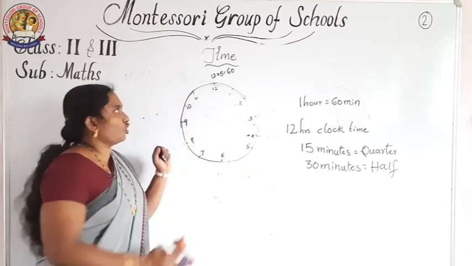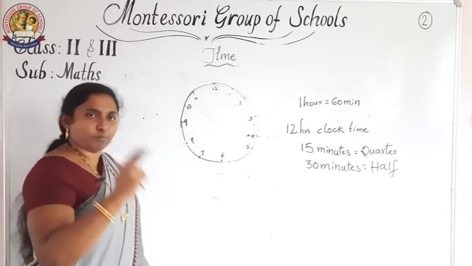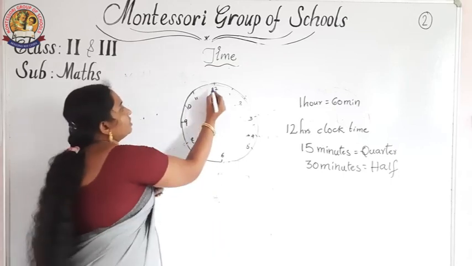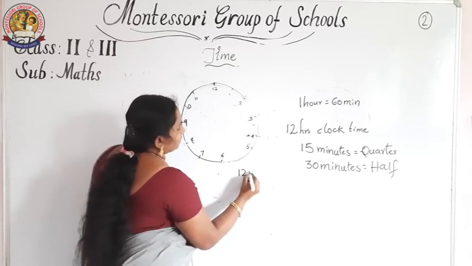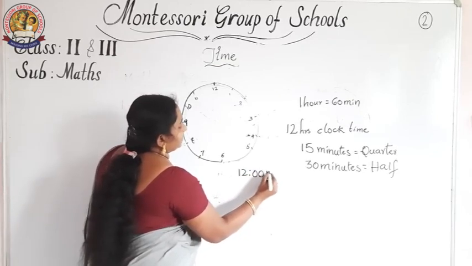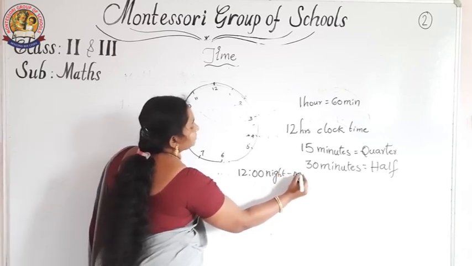Now this is the clock. In this clock they are divided into two parts. What are the two parts? Midnight 12, night 12 o'clock. This is called midnight.